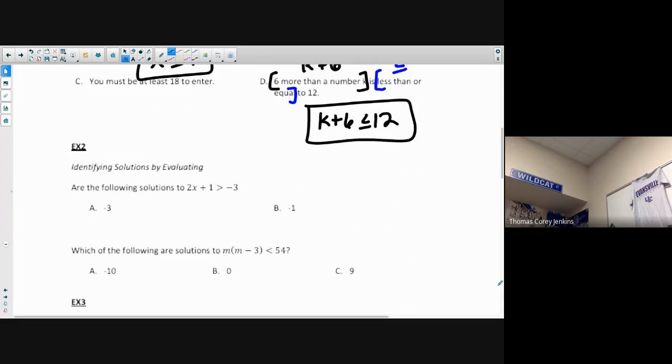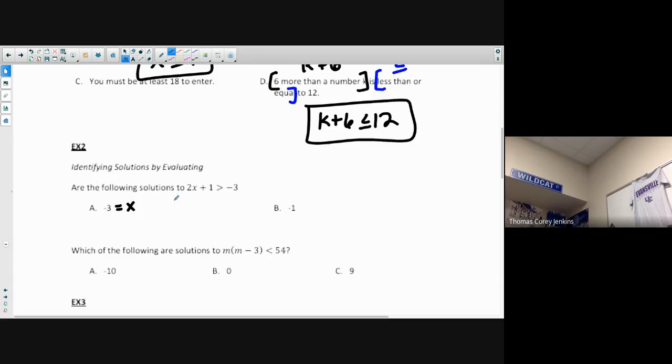Looking at example 2, identifying solutions by evaluating. It says, are the following solutions to 2x plus 1 is greater than -3. You might look at that and try to solve for x, which wouldn't necessarily be wrong, but I'll show you what we're doing here. All I'm asking you to do is sub in this value. So this means, is x equals -3 a solution to this?